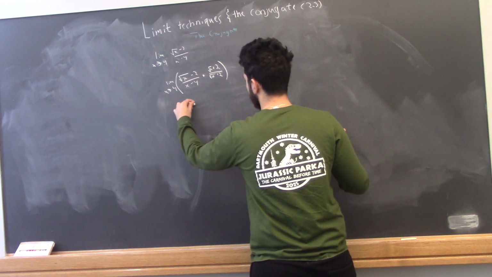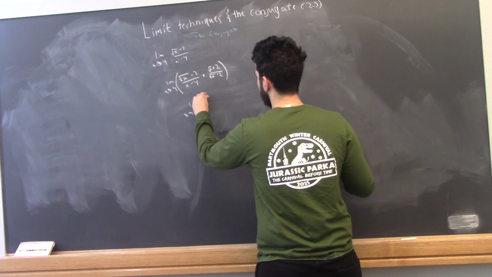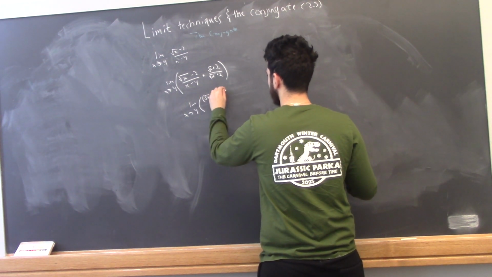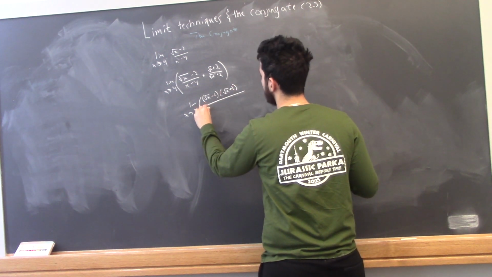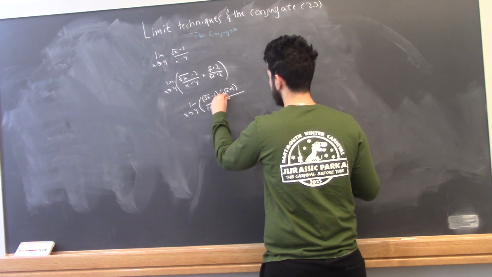So that means we get the limit, X goes to 4, of square root of X minus 2 times square root of X plus 2 over X minus 4 times square root of X plus 2.